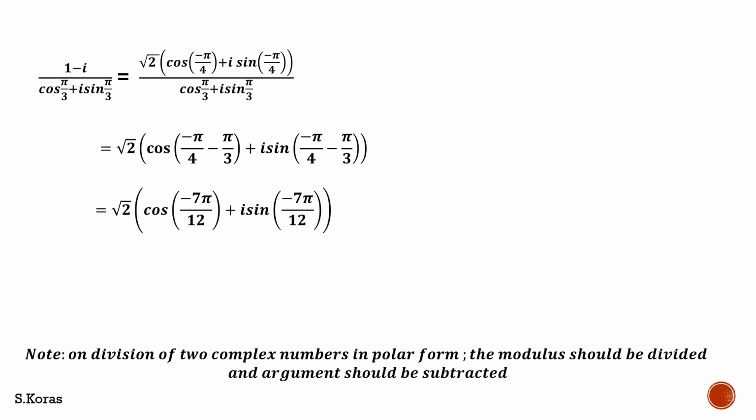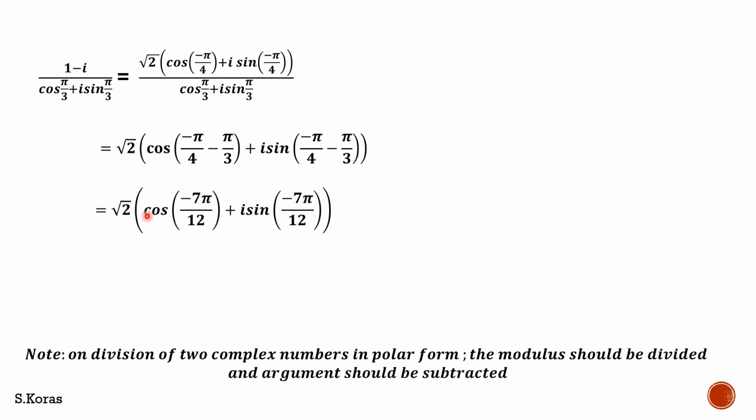It is very easy. You know how to simplify it. Moreover, you know the formula: cos of minus theta is cos theta and sine of minus theta is minus sine theta. Sometimes if we want, we can simplify like this, because we used to write this in a short form. For cos, we take C, for sine, we take S, and for plus I, we take I itself.